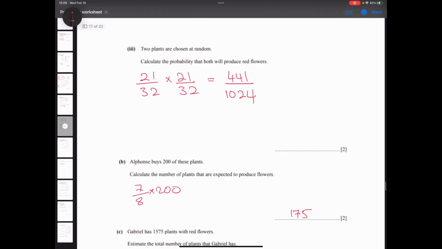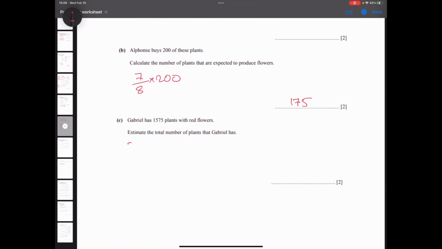So 21 over 32 times the total is supposed to give me 1,575. The total would be, I'm just going to cross multiply, 1,575 times 32 divided by 21, which is 2,400.